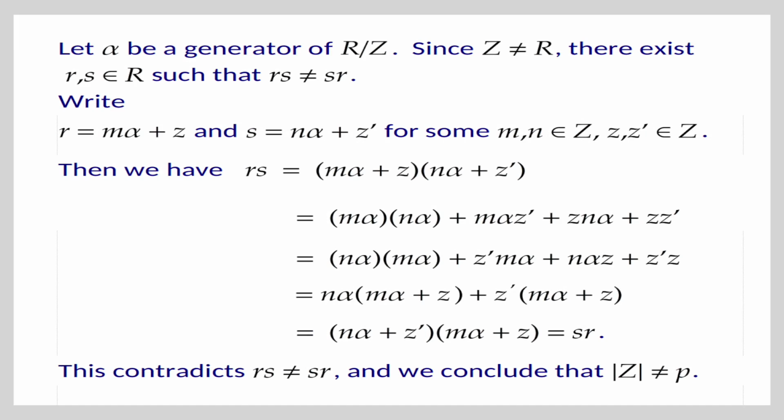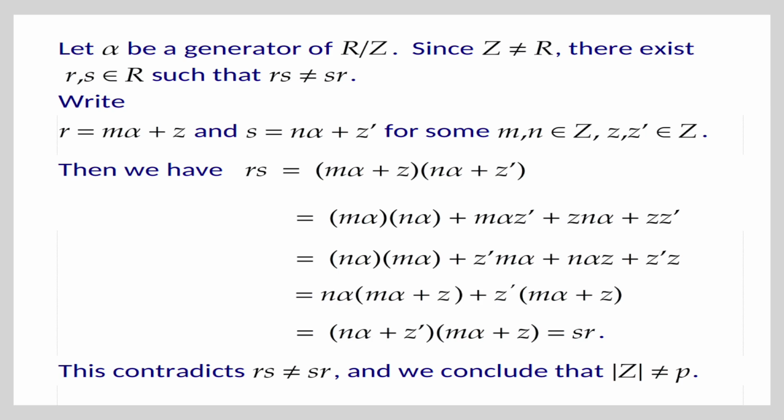Let α be a generator of R/Z. Since Z is not equal to R, there exist r, s belongs to R such that rs is not equal to sr. We write r equal to mα + z and s equal to nα + z' for some m, n belongs to ℤ and z, z' belongs to Z. Then we have rs is equal to (mα + z)(nα + z'), that is equal to mα·nα + mα·z' + z·nα + zz'.